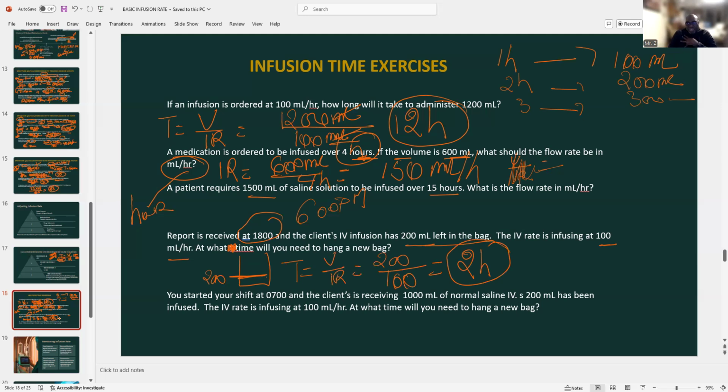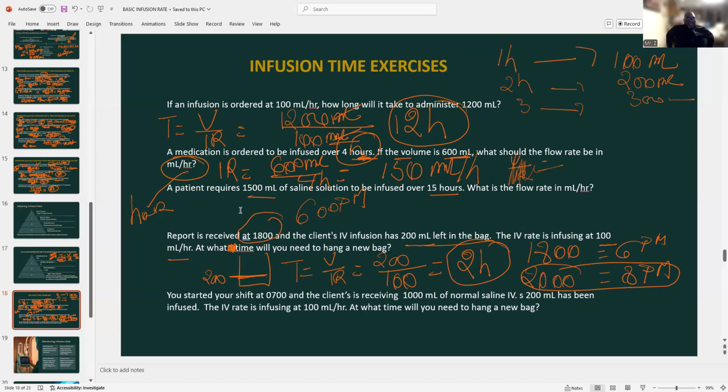But remember, your shift starts at 1800, which is 6 p.m. 2 hours after, it's going to be 2000 or 8 p.m. It means that at 2000 or 8 p.m., that's when I'm going to hang the new bag.